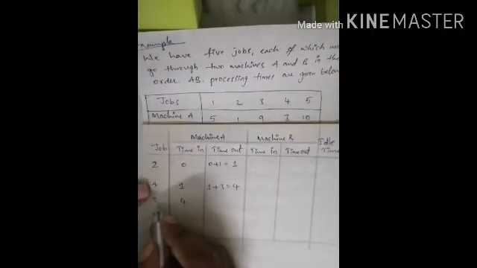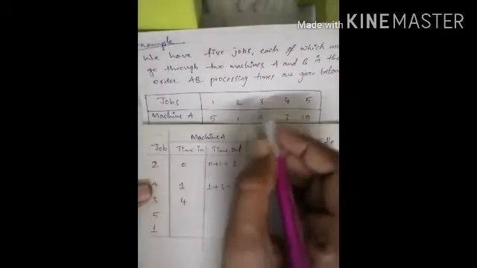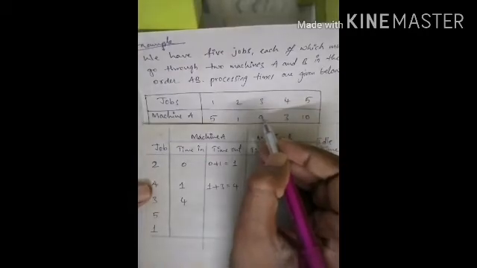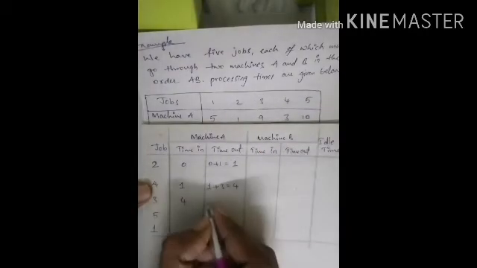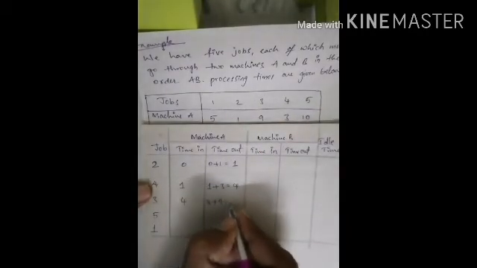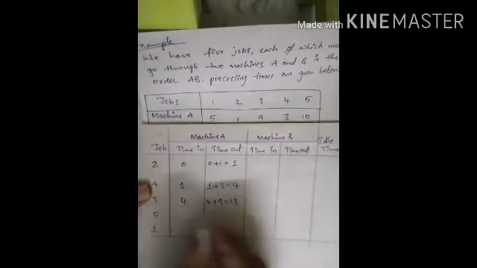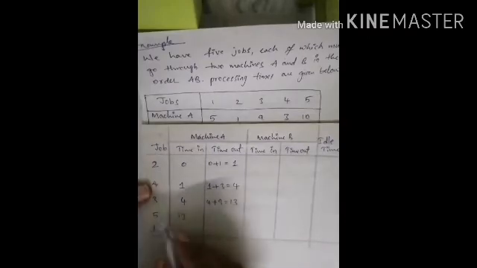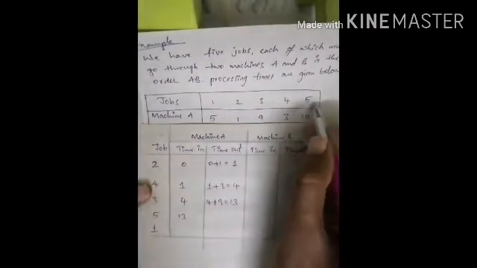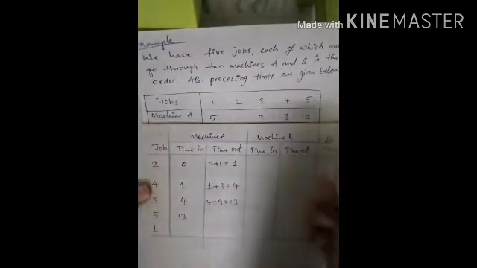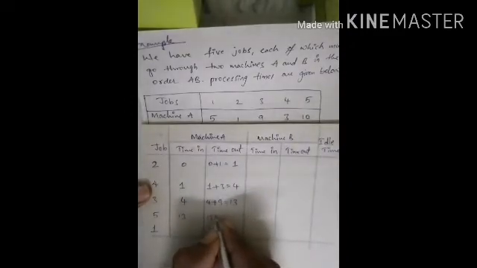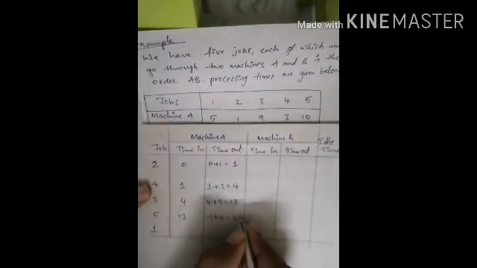Now job 3, the processing time on machine A is 9, right? So 4 plus 9 equals 13, then 13 here. Same for job 5, the machine A time is 10, 13 plus 10 equals 23.